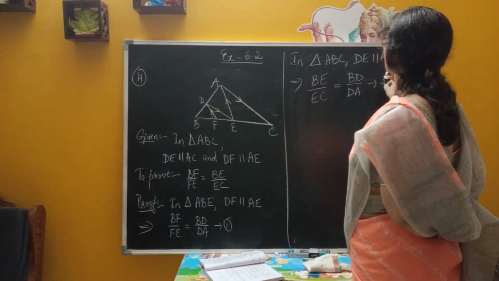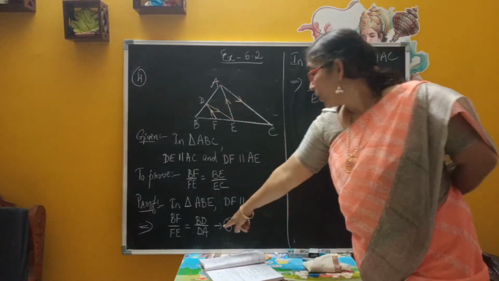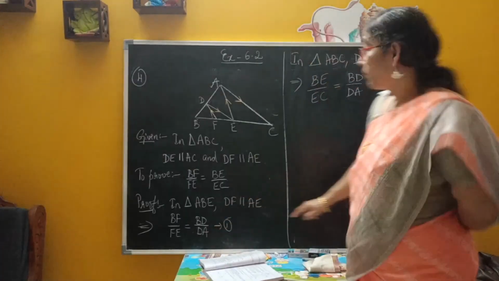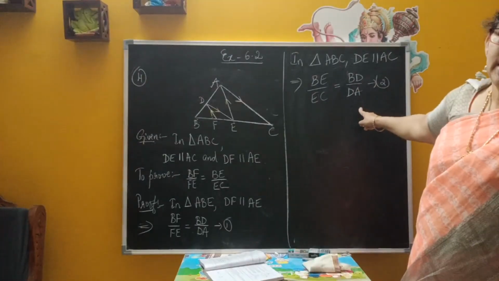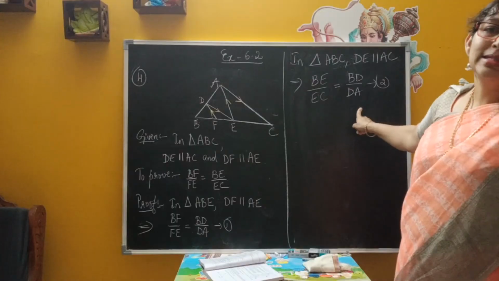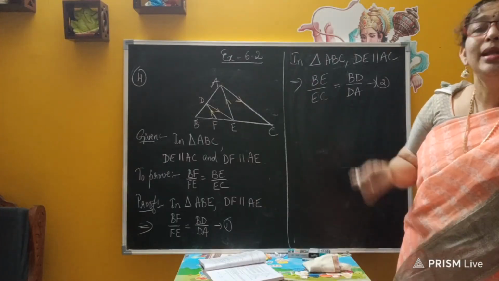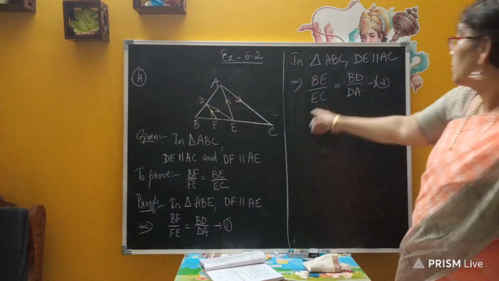So what do you observe now? See, both the equations. Here also the RHS is BD by DA. Here also the RHS is BD by DA. So what do you say about LHS? LHS are also equal. If RHS is equal, obviously LHS must be equal. Okay, so what do you say now?